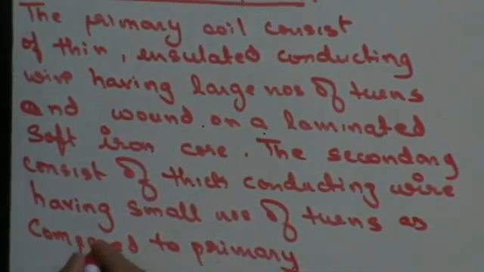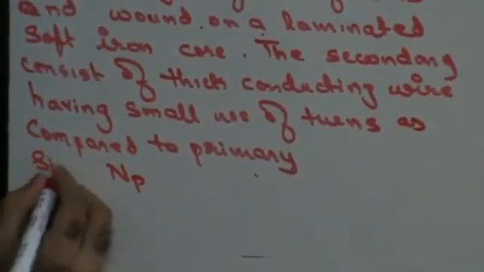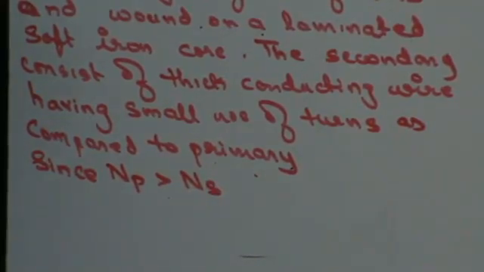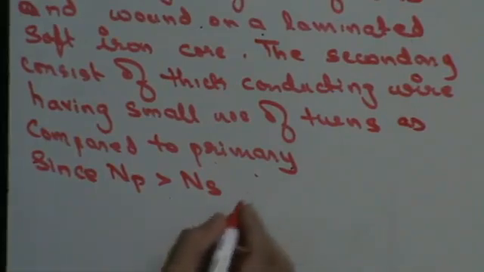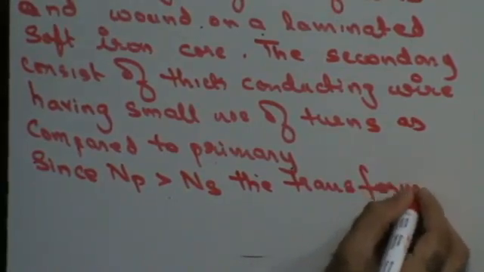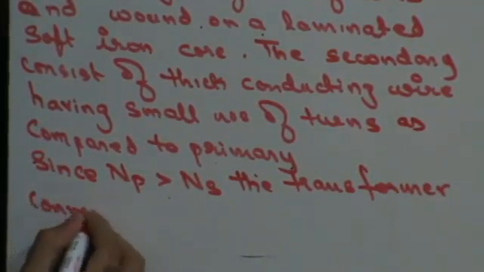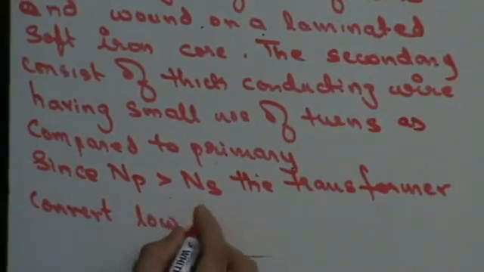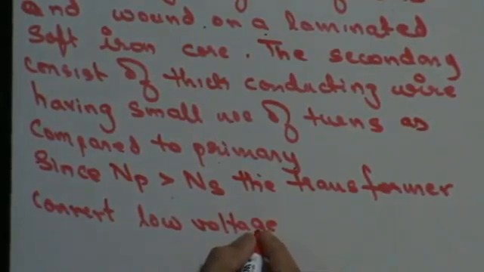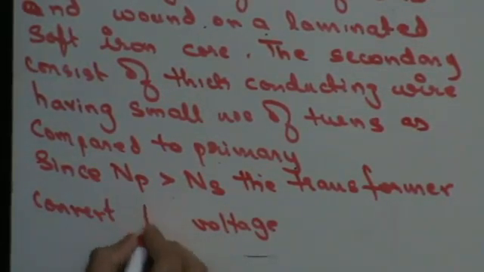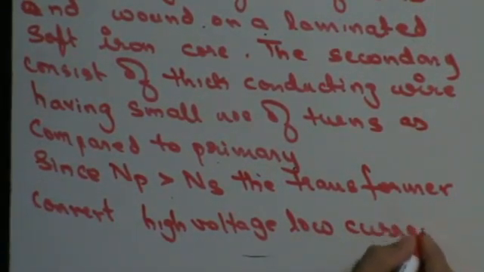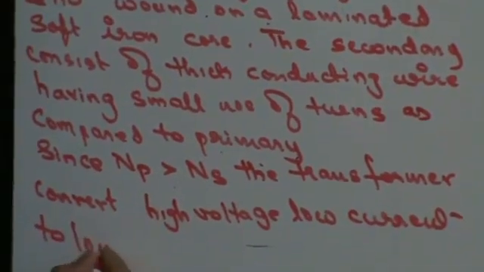Now, since the number of turns in primary are greater than the number of turns in secondary, therefore the transformer converts high voltage low current to low voltage high current.